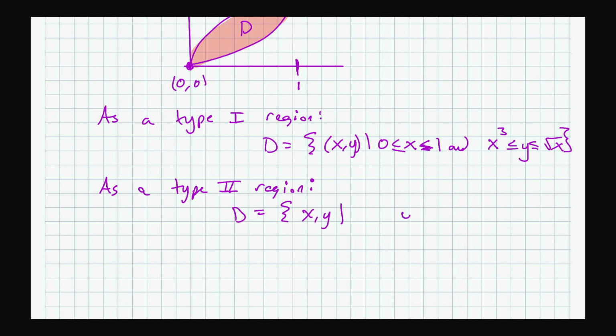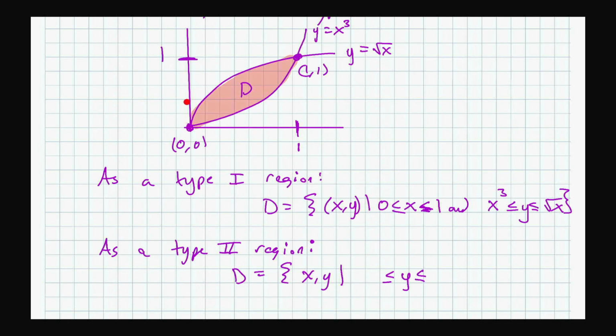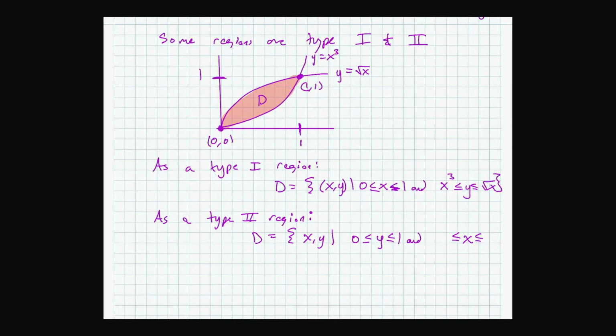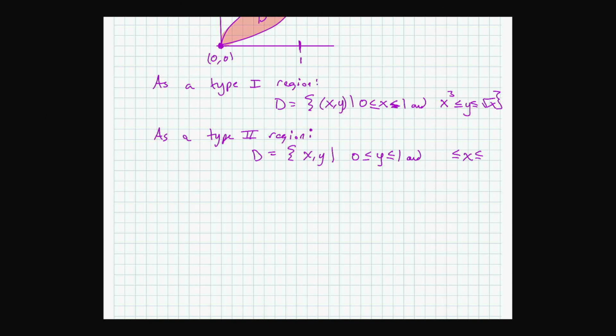such that, well, now we want bounds for y. Well, actually, the bounds for y in terms of constants are 0 and 1. So that part actually looks similar. And then for x, though, x is supposed to be in between functions. So the key here is noticing that both of these functions you could solve for x, write them the other way around.